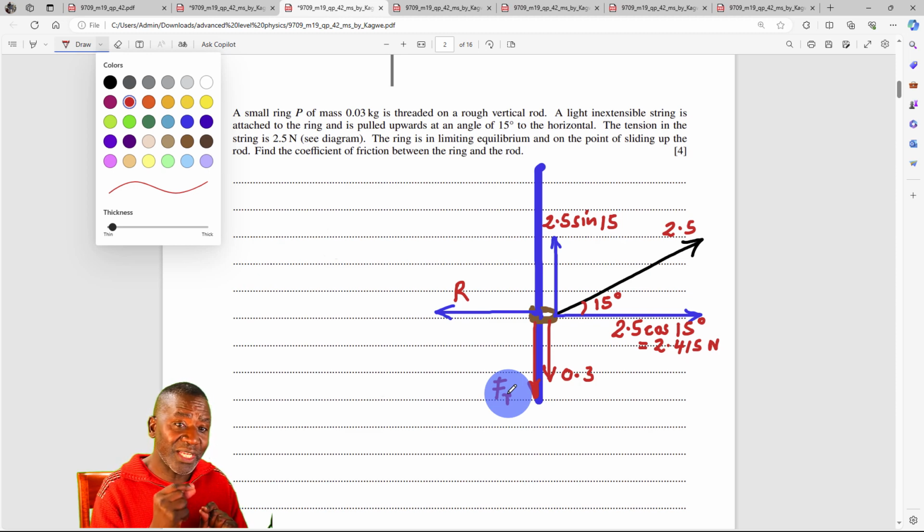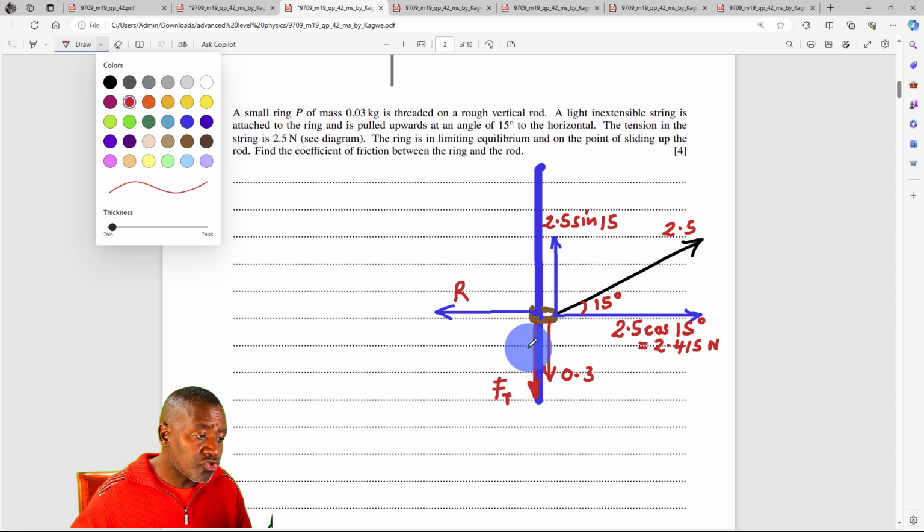No, you should know the direction in which it is moving. For example, I've already determined that I need to get a coefficient of friction using the equation friction force is equal to mu R. And that is why I must find out where is the value of R, where is friction, and how do I get it so that I can eventually combine them.